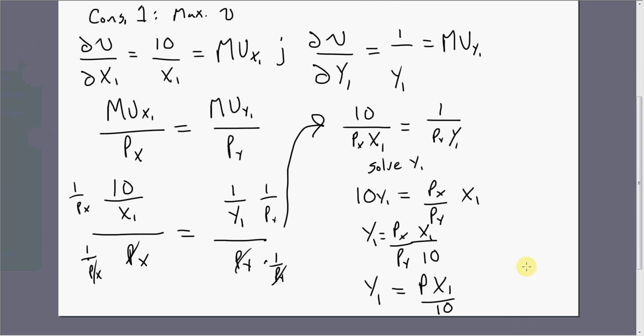The next thing we're going to do, and maybe we should do that on a clean sheet, let me rewrite what we just got before. We're going to take this result and plug it into the budget constraint. So we're going to plug this guy into the constraint.